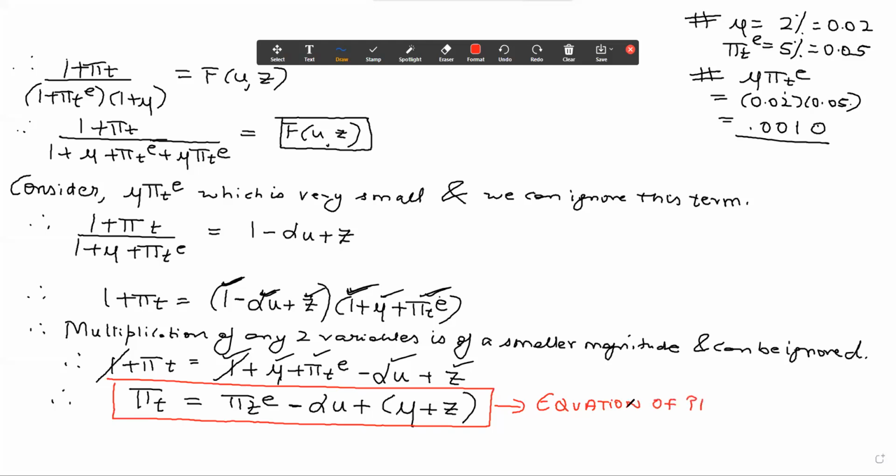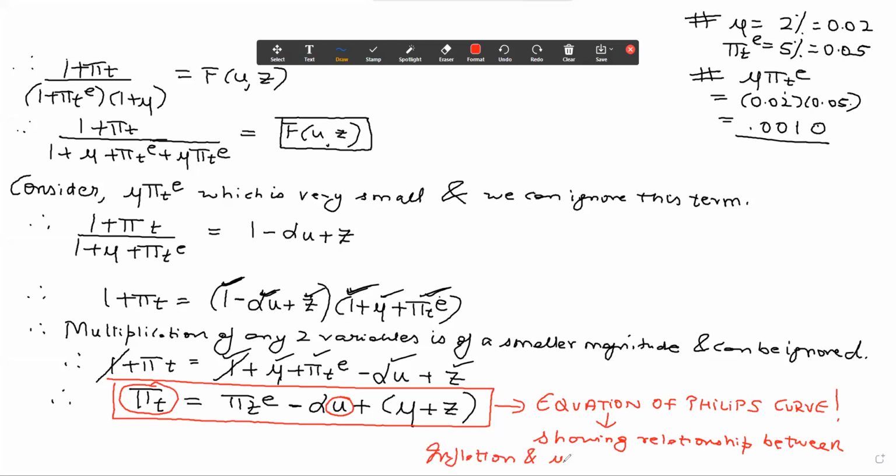You can clearly see mathematically it is showing you the relationship between inflation and unemployment rate.